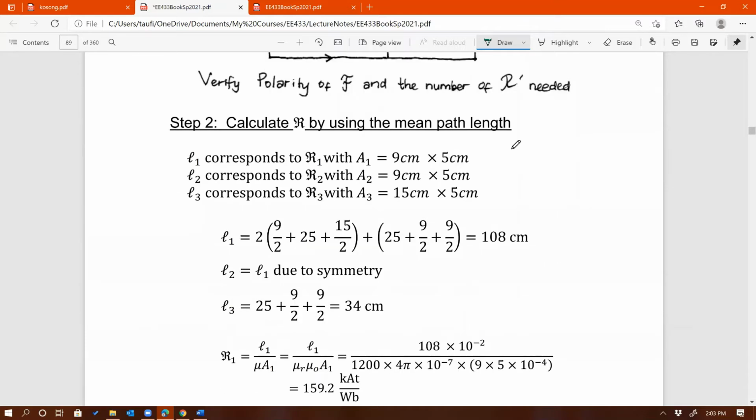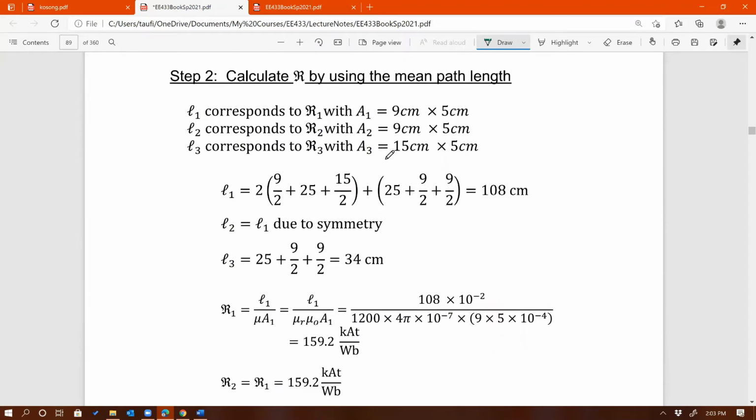Right here, without going through the details, those are the lengths for each segment. You can double check. When you review this example, let me know if I make any error or any typo in this calculation. So L1, L2, L3, those are the lengths.